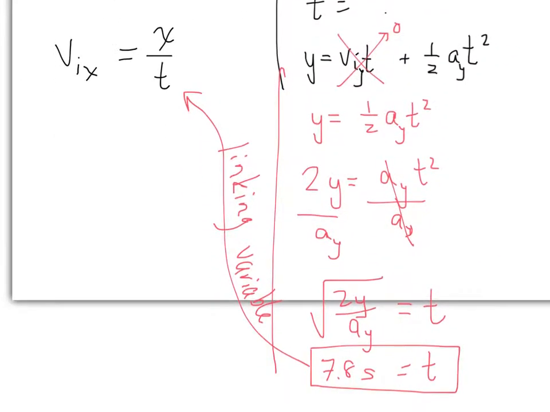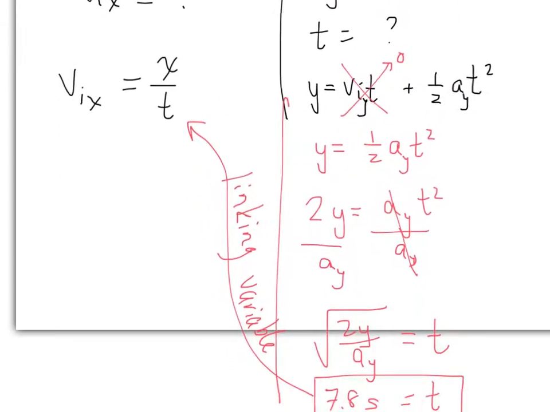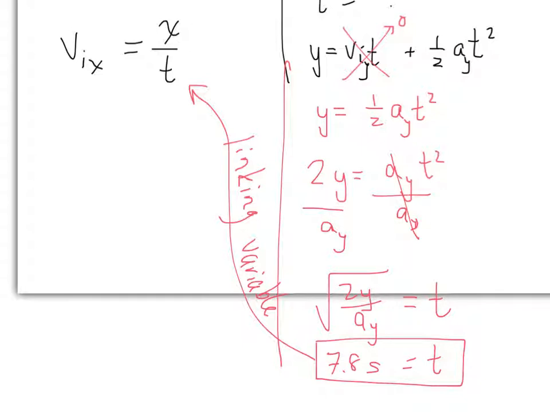So let's go ahead. x was 50 meters. That's how far Tom Cruise was able to move horizontally after he ran off the bridge. And it took him 7.8 seconds to hit the water.